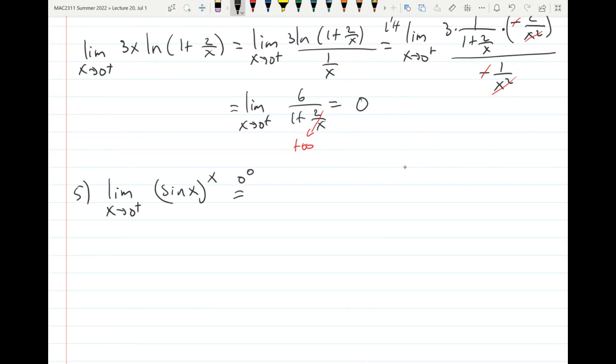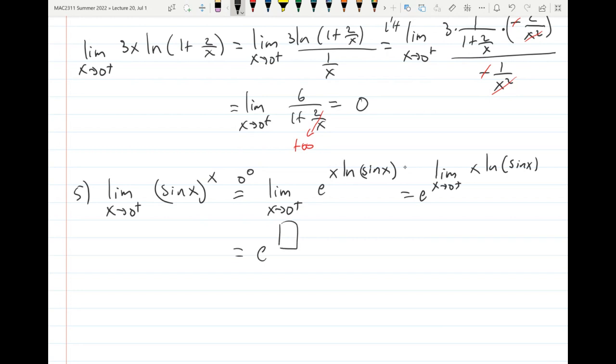So we activate the process. Okay, so I'm gonna do this a little bit faster. As you know, we write it as e to the ln, so that the x comes down. So I'm gonna write that already. And so this is gonna be e to the limit of x times ln of sine.